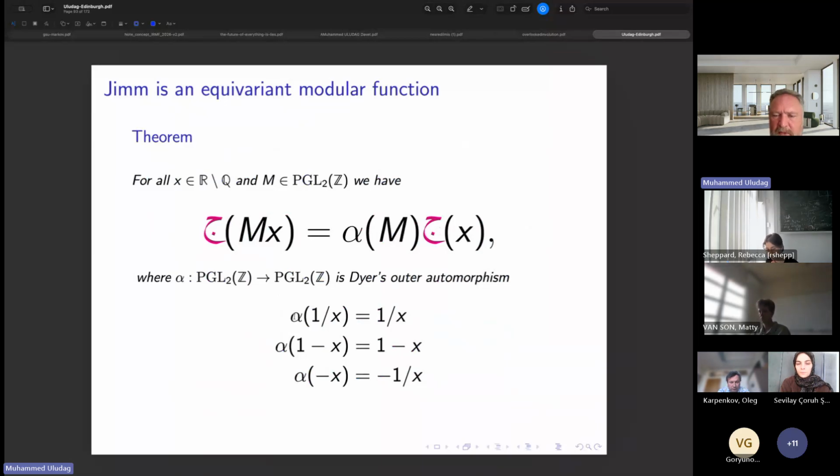And this automorphism is defined as above, sending 1 over x to 1 over x, 1 minus x to 1 minus x, and minus x to minus 1 over x. So it is defined on the generators of PGL2 like this, and one can verify that this is compatible with the group relations in PGL2Z, so it's a well-defined automorphism.